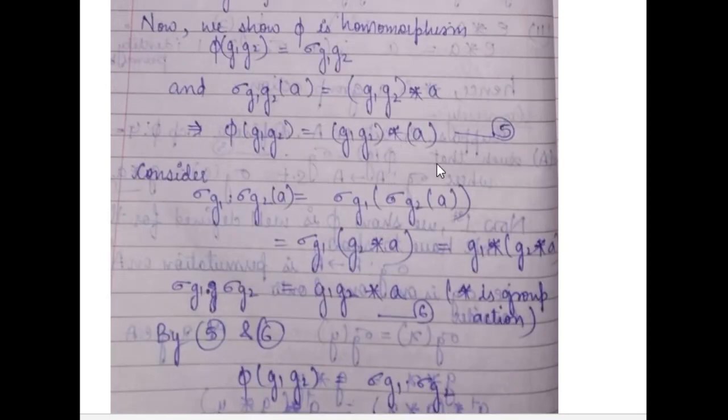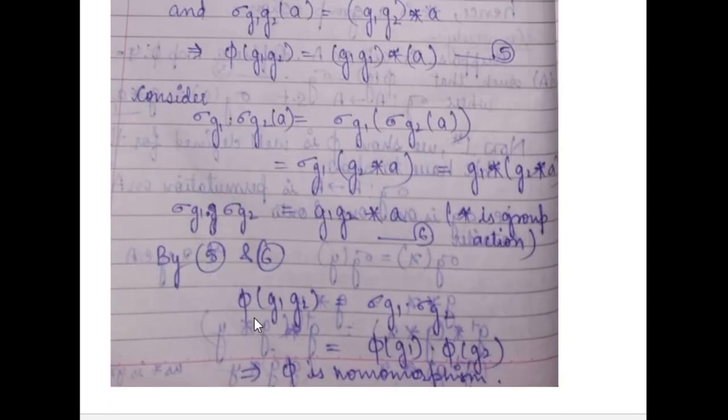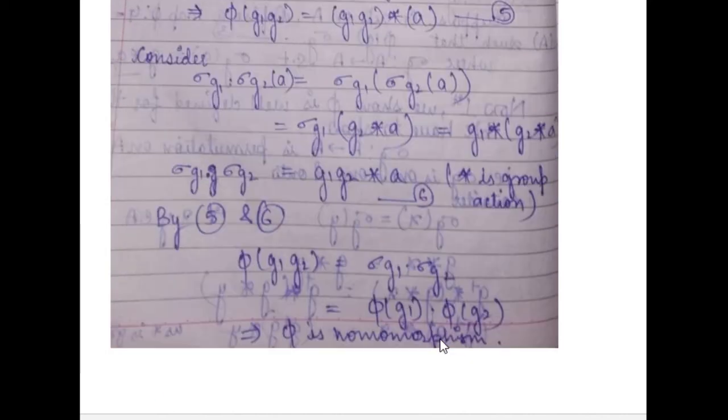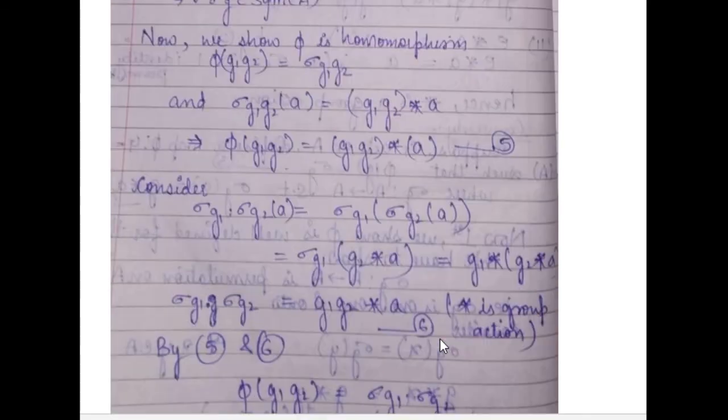So by these two equations, we can easily see that phi(g1 g2) equals sigma_g1 composed with sigma_g2, where sigma_g1 equals phi(g1) and sigma_g2 equals phi(g2). So we have proved that phi(g1 g2) equals phi(g1) phi(g2). This implies phi is a homomorphism.